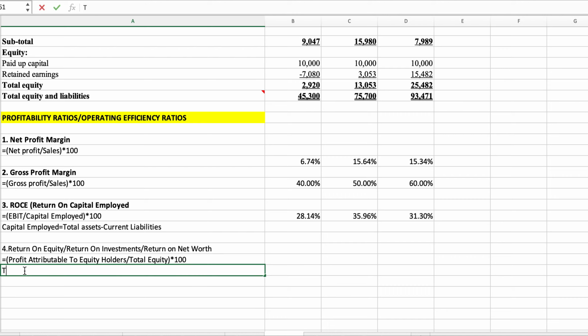Don't worry, total equity is given by what? Total equity is also known as net worth.